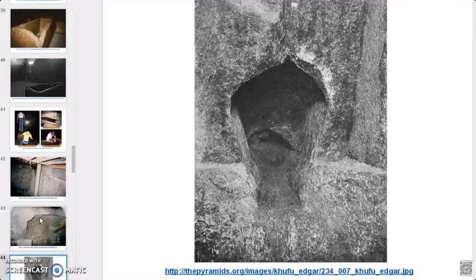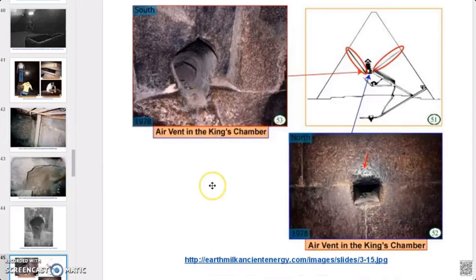Now let's talk about the conduits that come out of the king's chamber. This right here is that score mark I was telling you about, and you can see it cuts right through the middle of this. The one on the other side is just below it, and the one that's in the thieves' tunnel that we'll get to in a second, we'll talk about that.